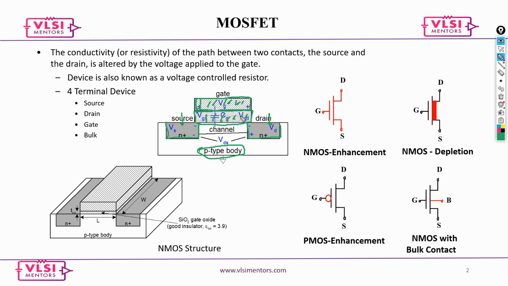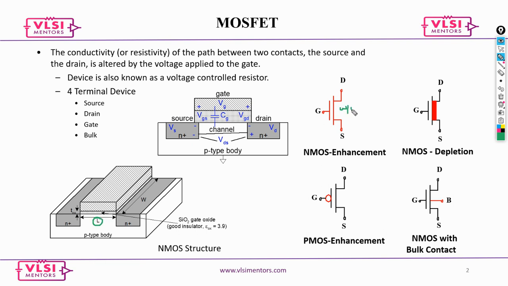Now when it comes to any transistor, there are two parameters that are really important: width and length. So what is this width and length? When I say gate, it is basically the length of the transistor.